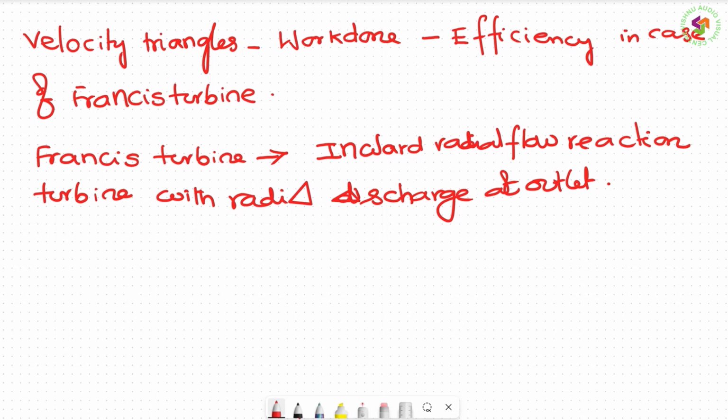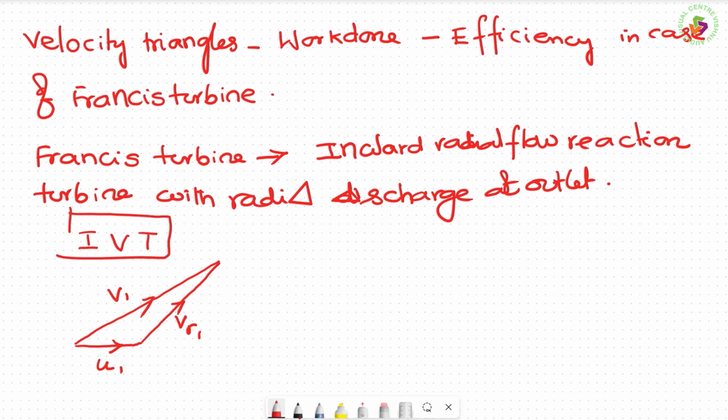Already the velocity triangles we have discussed previously. This is the absolute velocity, this is the velocity of the wheel, and naturally this is the relative velocity, and this is called the inlet velocity triangle, IVT.